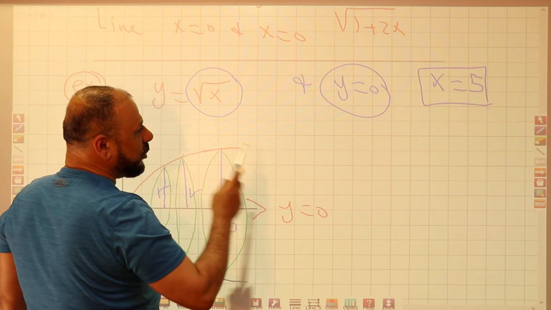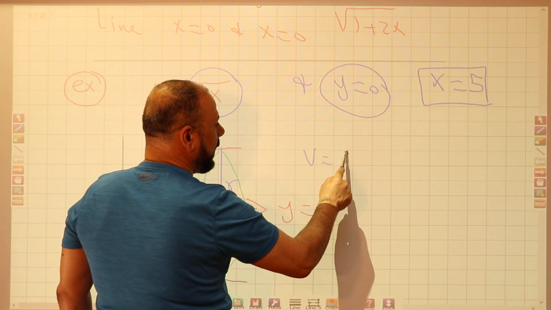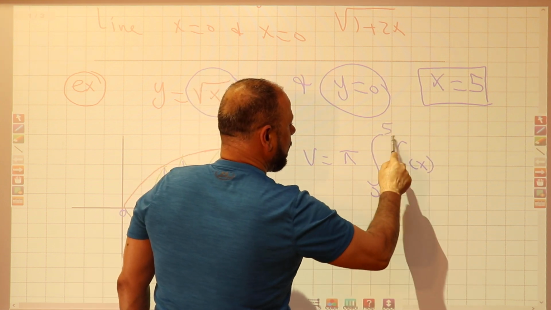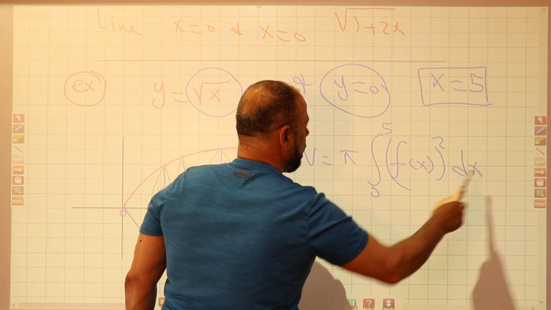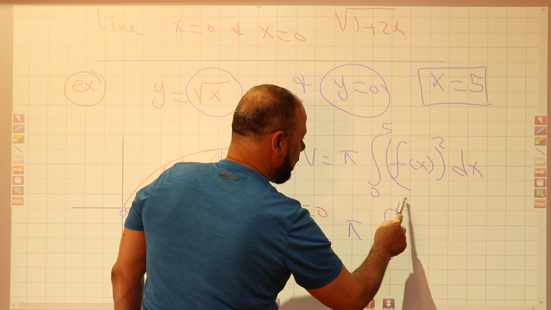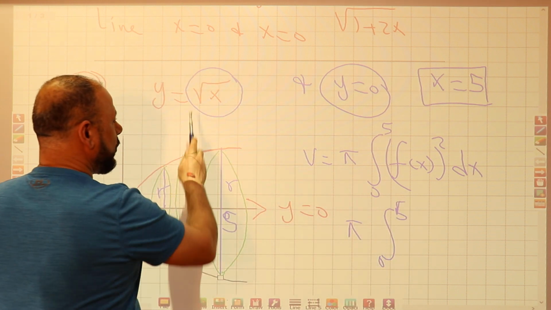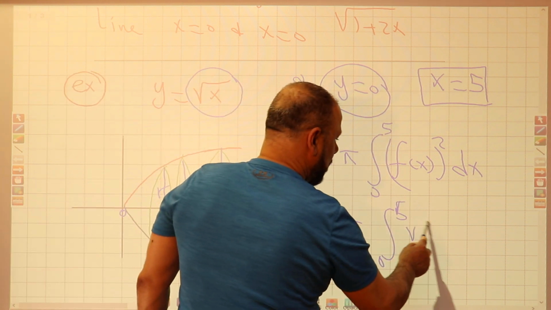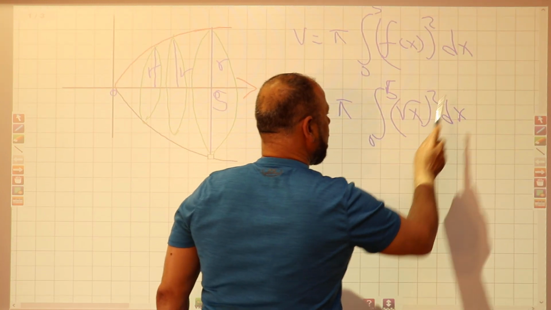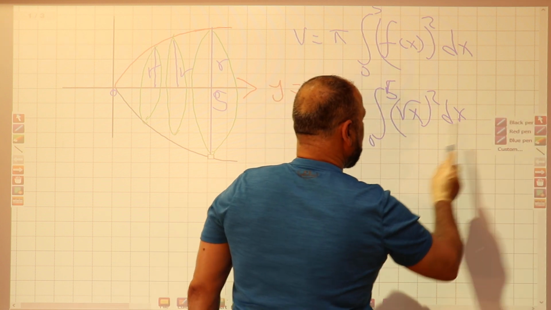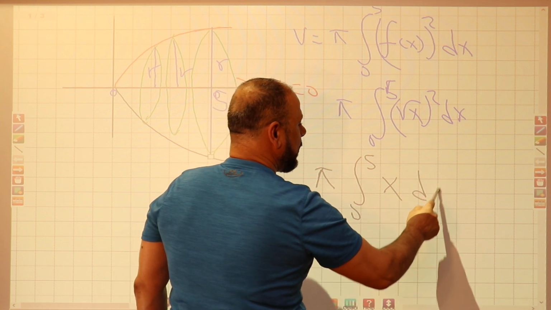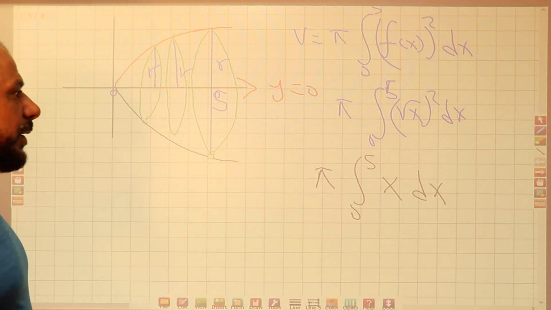Then, depending on the rule I gave you, volume equals pi, integration from 0 to 5 of f of x squared dx, which is pi, integration from 0 to 5, f of x is square root of x, squared, dx, which becomes a very easy integration to deal with: pi, 0 to 5, x dx.